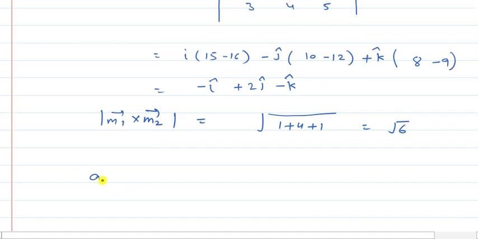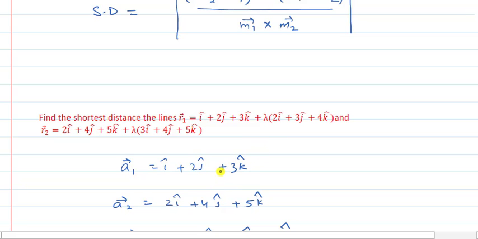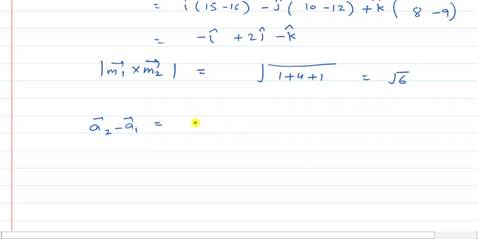Now we need to calculate A2 minus A1 vector, which is the subtraction of the two passing points. We are getting i cap plus 2j cap plus 2k cap. So this is A2 minus A1. Next let us calculate vector A2 minus vector A1 dot M1 cross M2 vector.